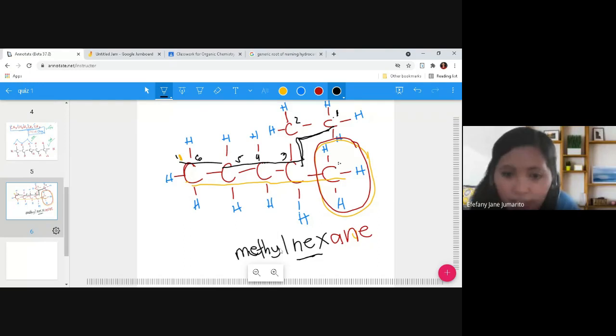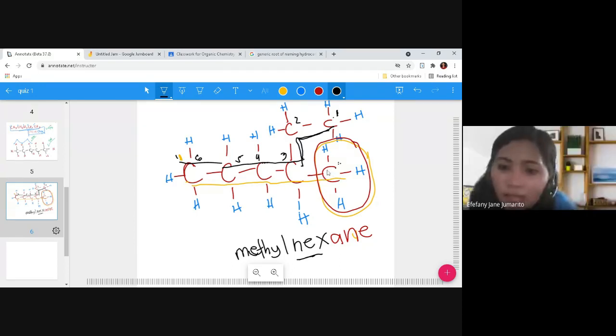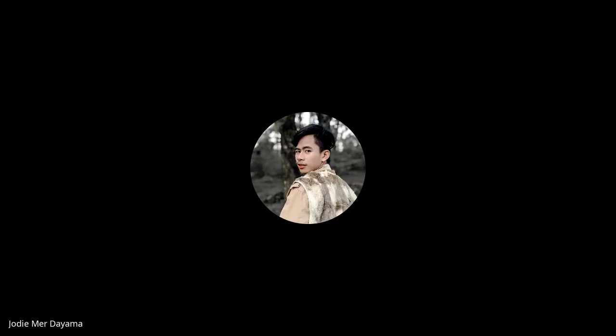And then we will also write the location. What carbon atom is the methyl on? Carbon 3, ma'am. That's why we will write 3-methylhexane, the IUPAC name.